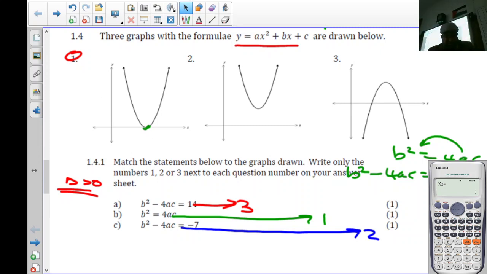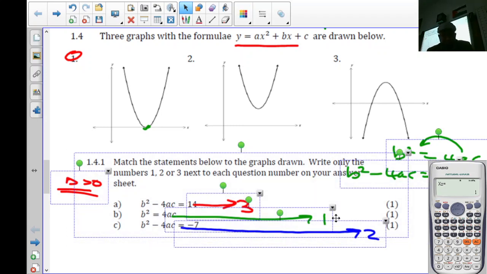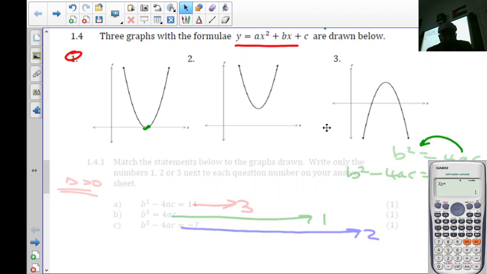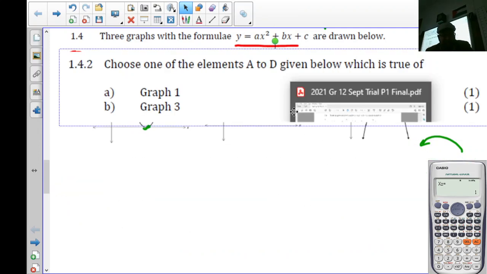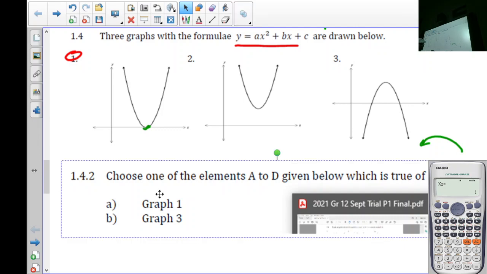And then the last question in this paper, question 1, sorry, is simply, just get this out. The question says, choose one of the elements A to D given below, for which is true for graph 1 and 3.